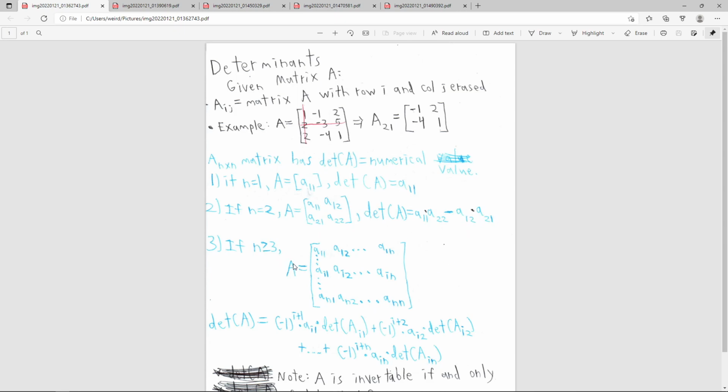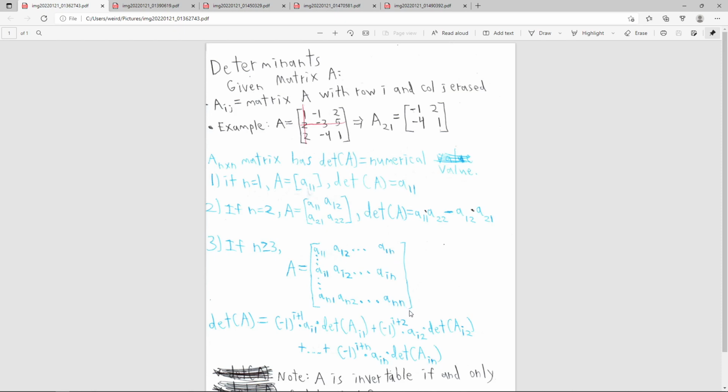Finally, whenever you have anything bigger, which you're going to have, if you have n greater than or equal to 3, you have a format like this: A equals, and so on.